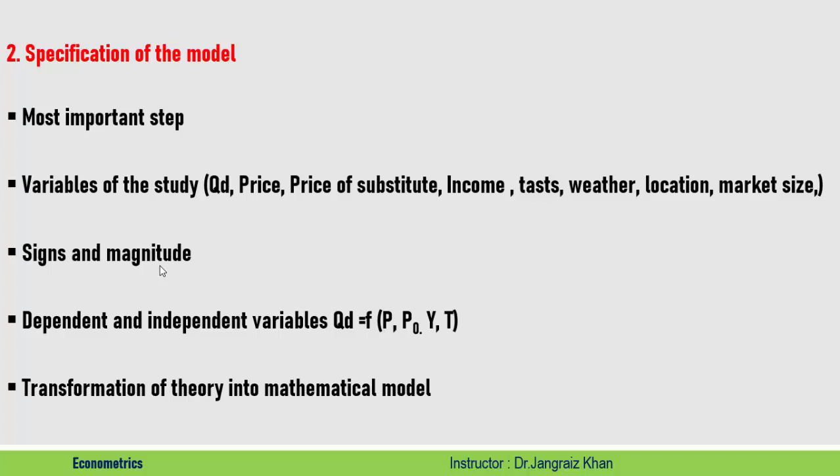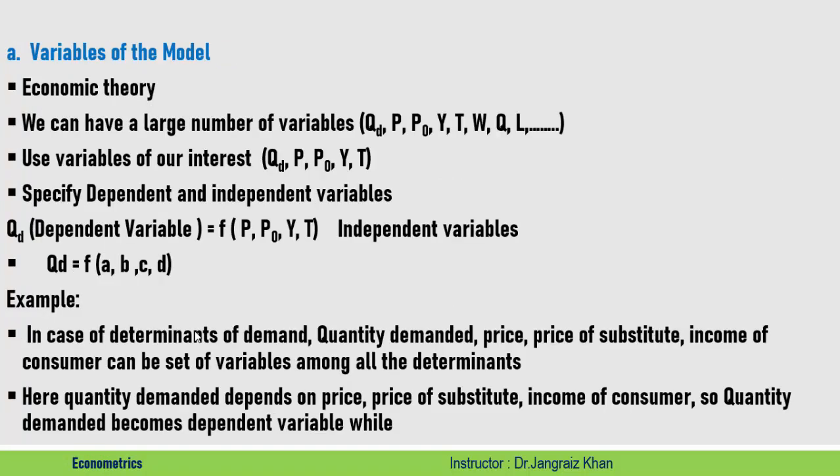So, what is the specification of the model? In the specification of the model, we identify the variables of the study which can be included in the model. We should also know about the size and magnitude. We identify the dependent and independent variables, and we transform the theory into mathematical form.